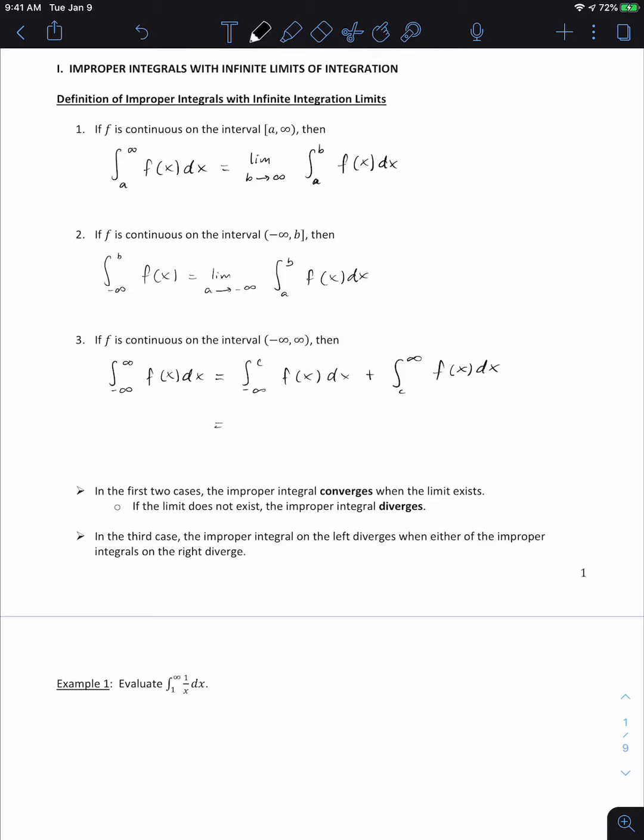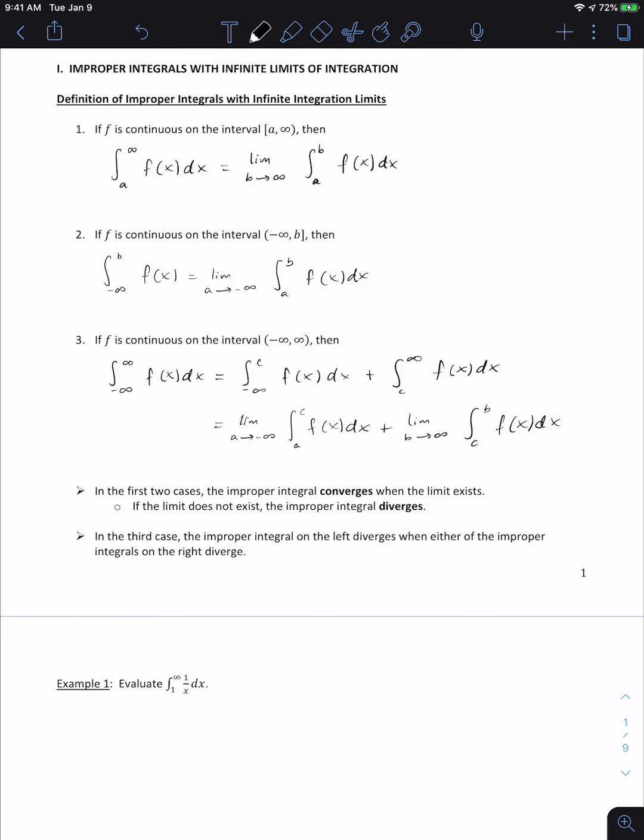Notice that 2 is going to be the limit as a goes to negative infinity of the integral from a to c of f of x dx, plus this one is going to be 1, so the limit as b goes to infinity of the integral from c to b of f of x dx.